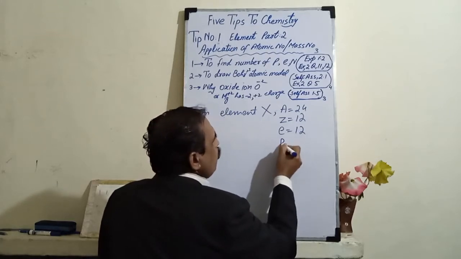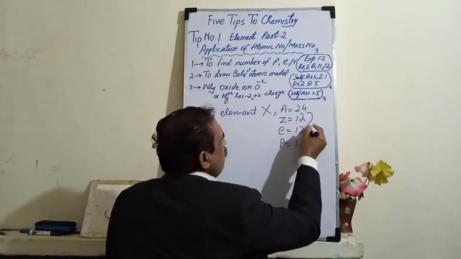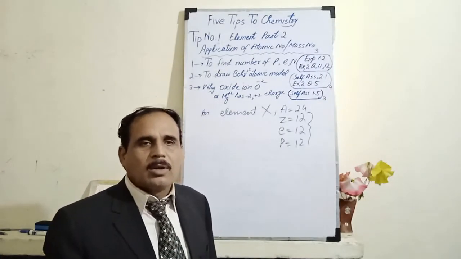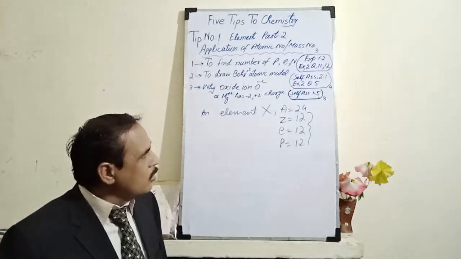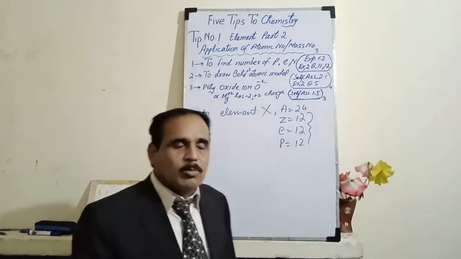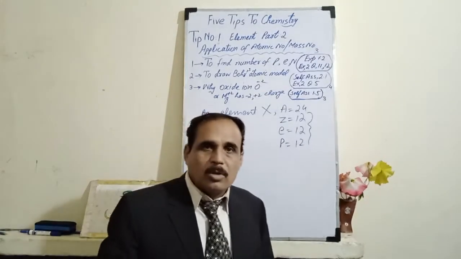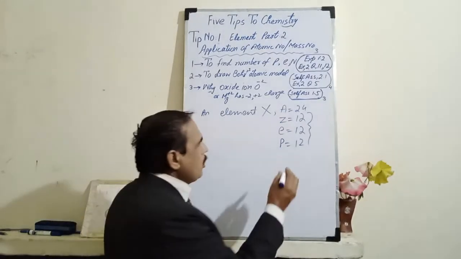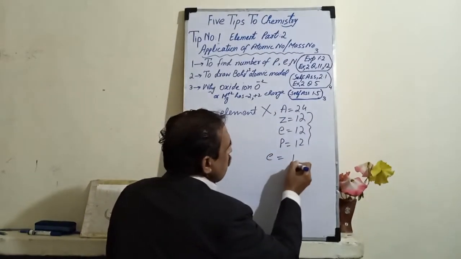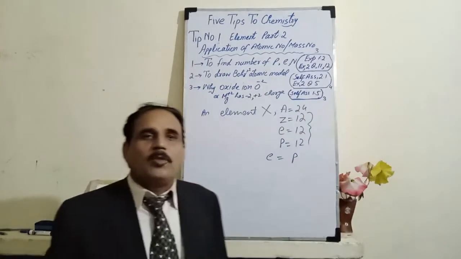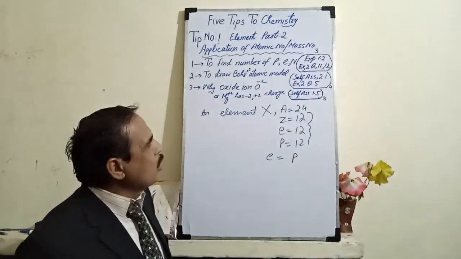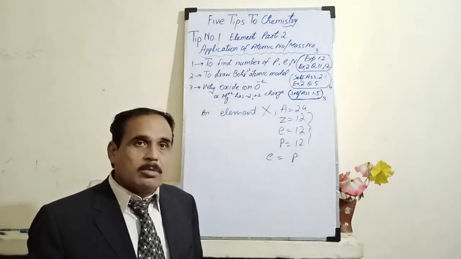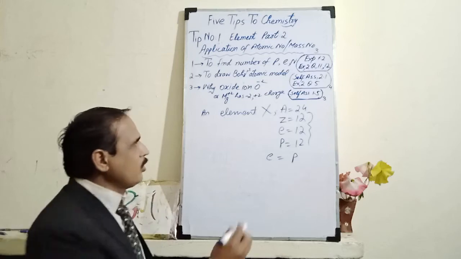It means atomic number is basically 3 things: itself atomic number, number of electrons and number of protons, because you know in any atom number of electrons and number of protons are equal. Therefore, if you know atomic number, you can tell number of electrons and number of protons. And now you are to find the number of neutrons.